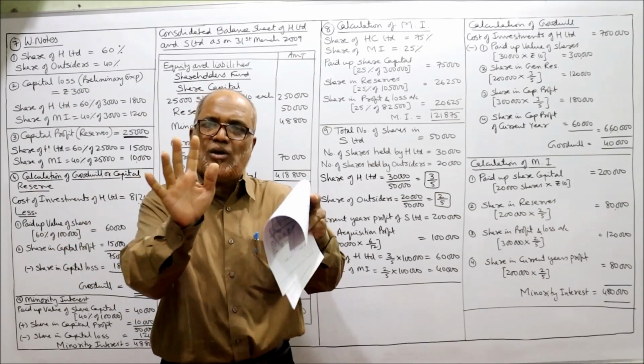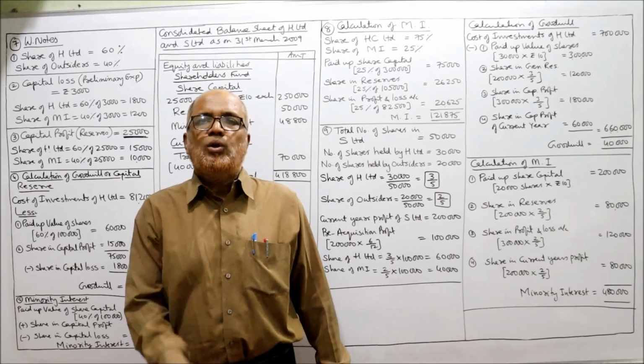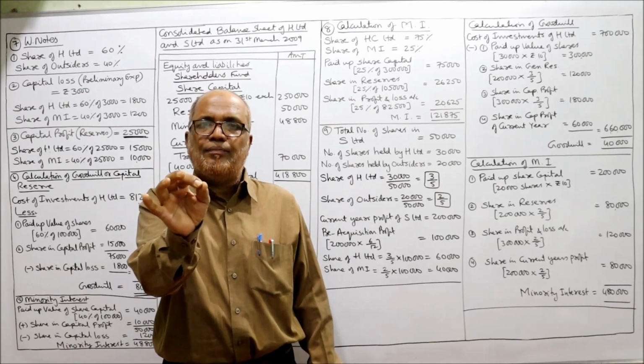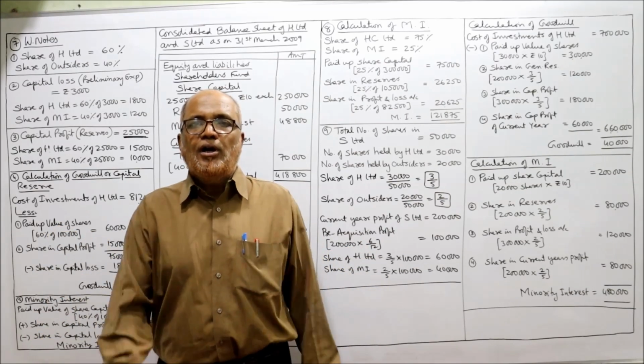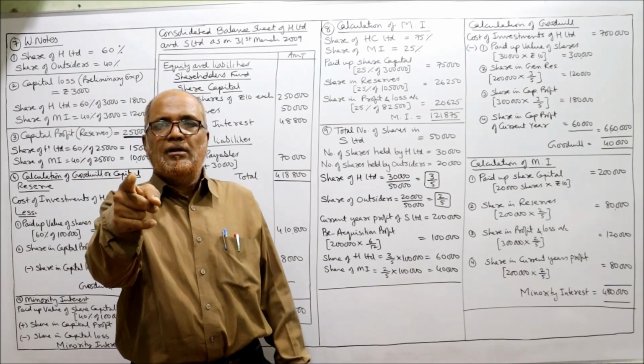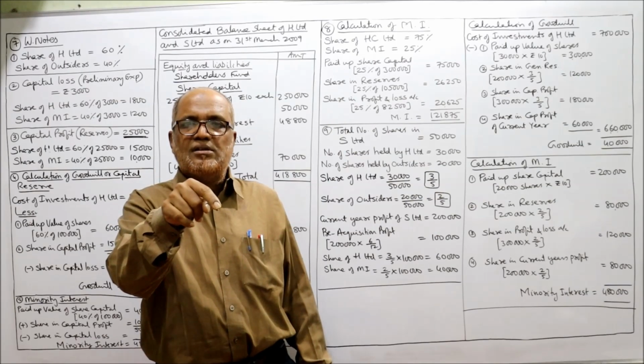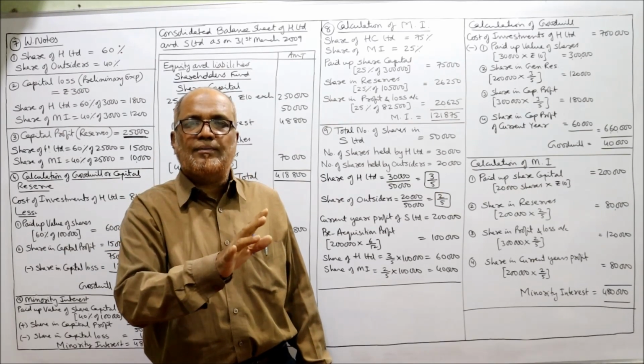Finished. That is the only requirement we need. 25% stake is of the outsiders. So 25% of what? 25% of share capital, 25% of reserves, 25% of profits.